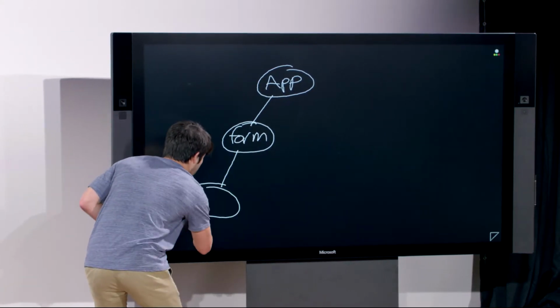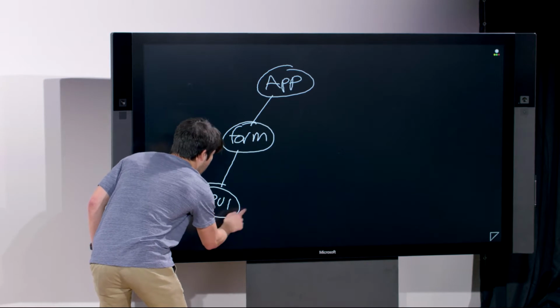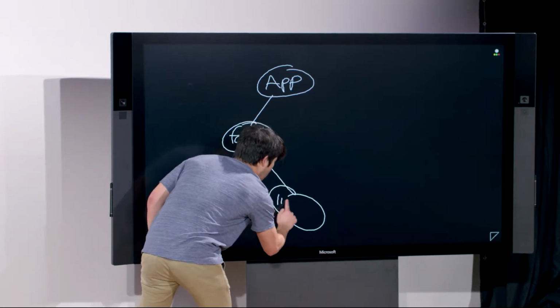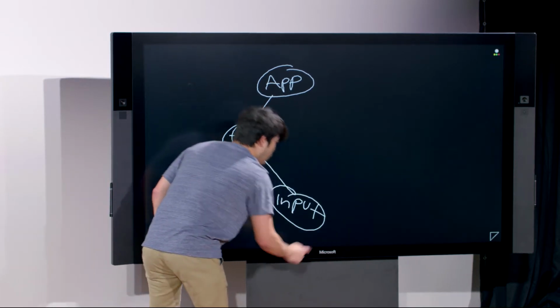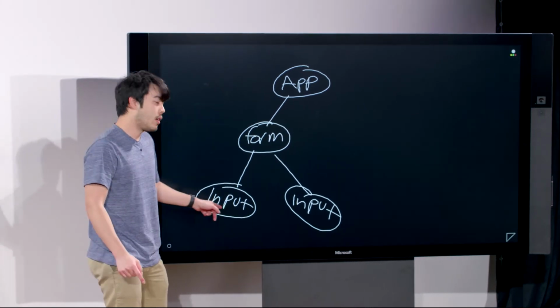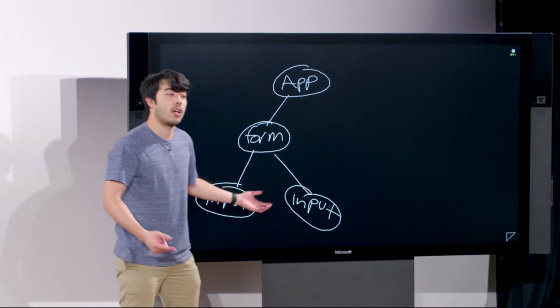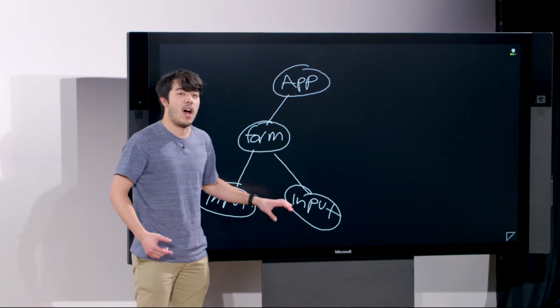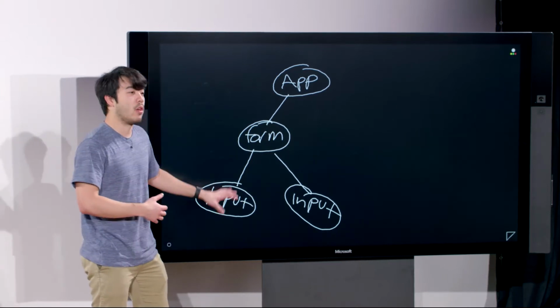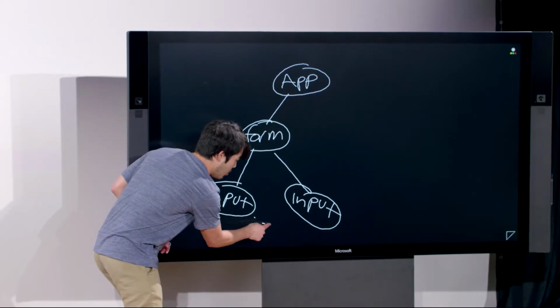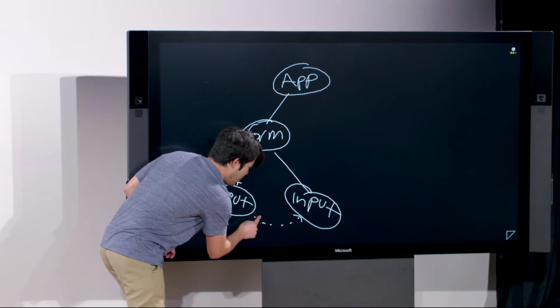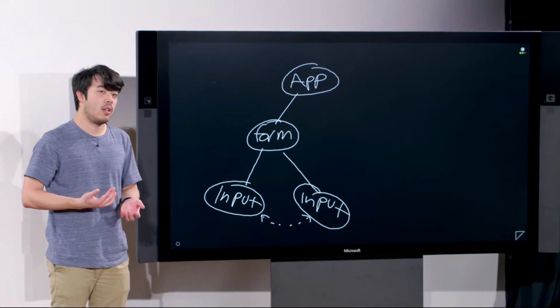And maybe we have an input and another input. So what happens if we want these two inputs to talk to each other? Or maybe one input is dictated by the value of the other input. And so we want to somehow have these communicate with each other.